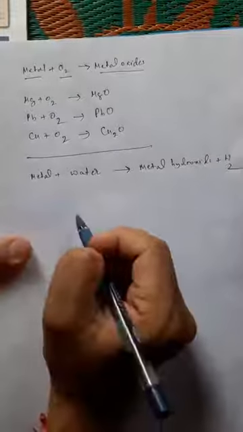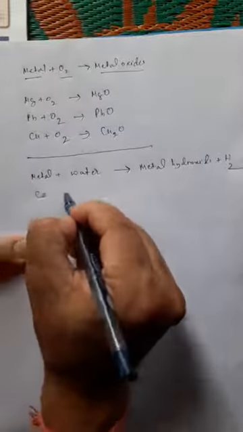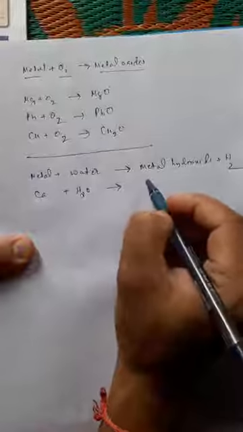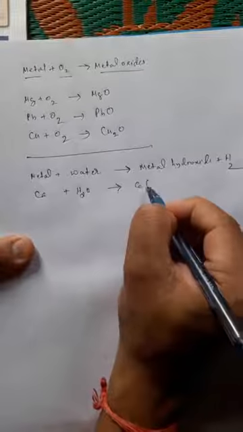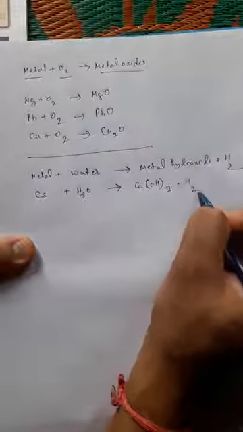Metal hydroxide and hydrogen you will get. Let me write example with calcium. So you will be getting calcium hydroxide, Ca(OH)2, and hydrogen gas.